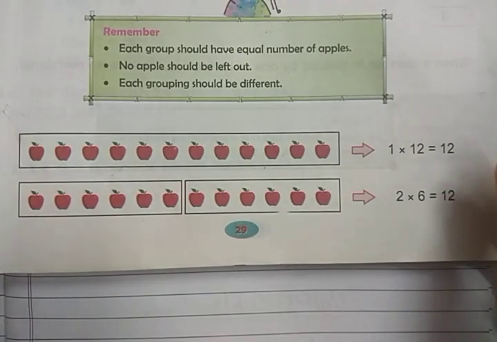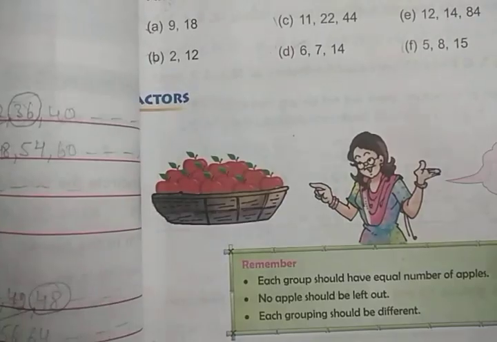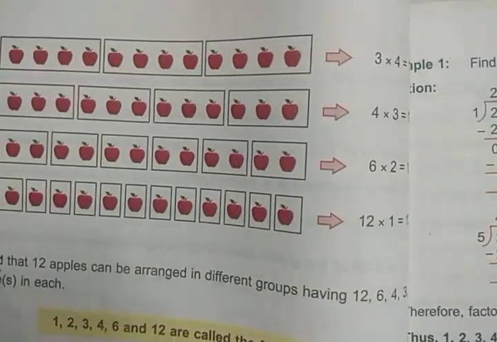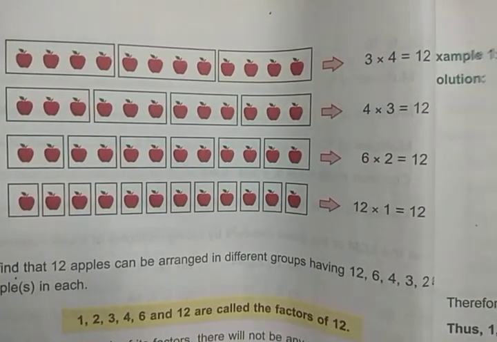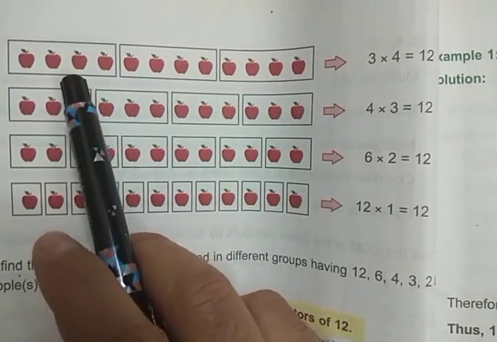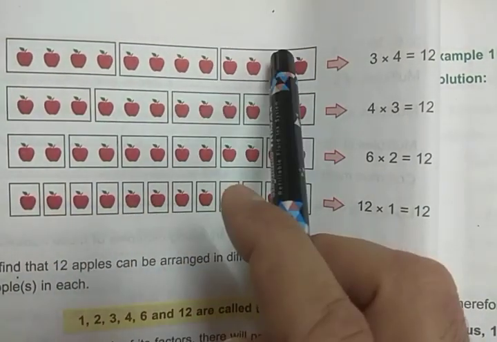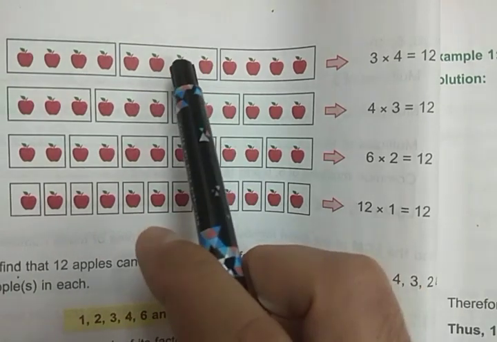In this way, we can distribute these 12 apples in many ways. For example, here we have distributed these 12 apples in 3 groups, and each group contains 4 apples. So 3 into 4 is 12.